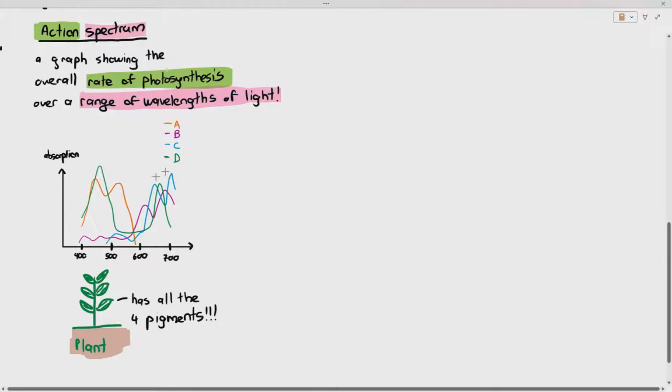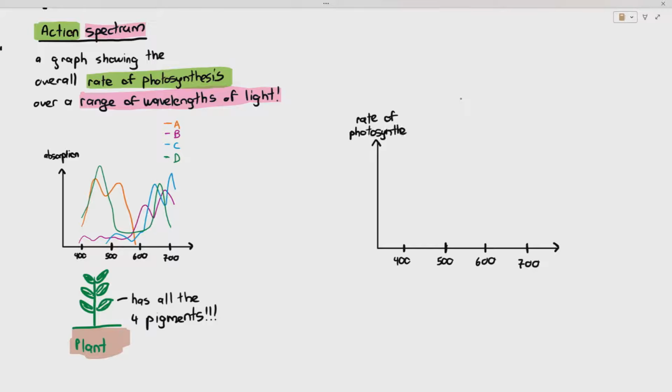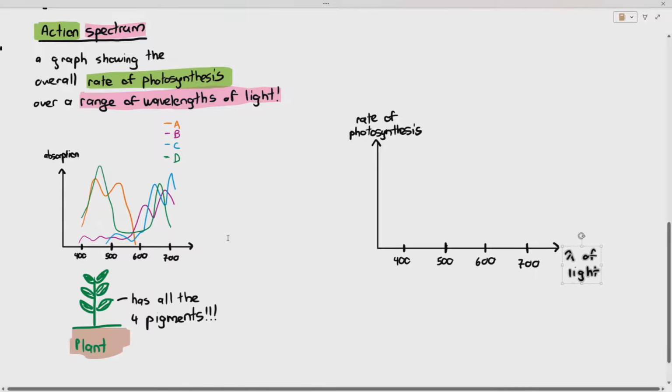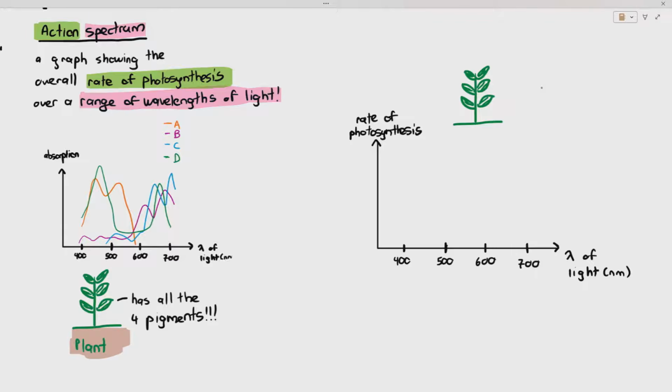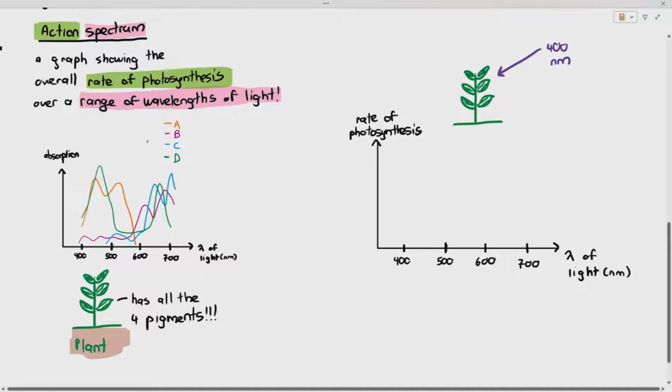So if we were to draw out another graph, which is the action spectrum, the action spectrum will usually have the rate of photosynthesis on the y-axis, because it's the overall rate of photosynthesis, against the x-axis, which is the wavelength of light.